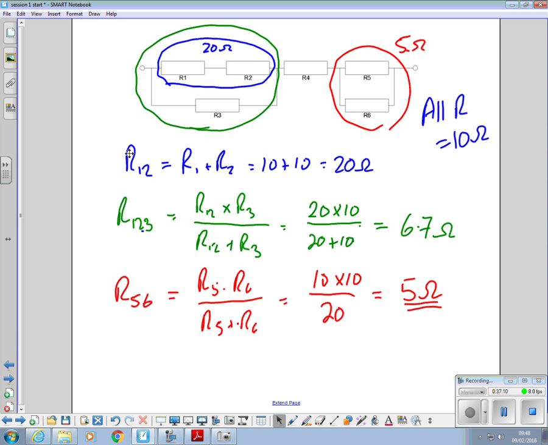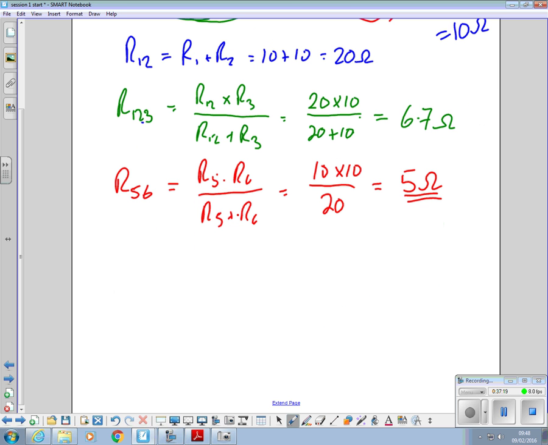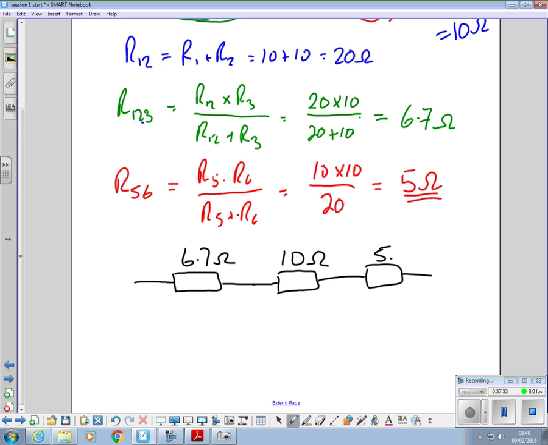So now we've got a circuit that we could redraw. We've effectively reduced it to this: 6.7 ohms, 10 ohms, and 5 ohms. We've got an all-series circuit, and that's R123, that's R4, and that's R56.